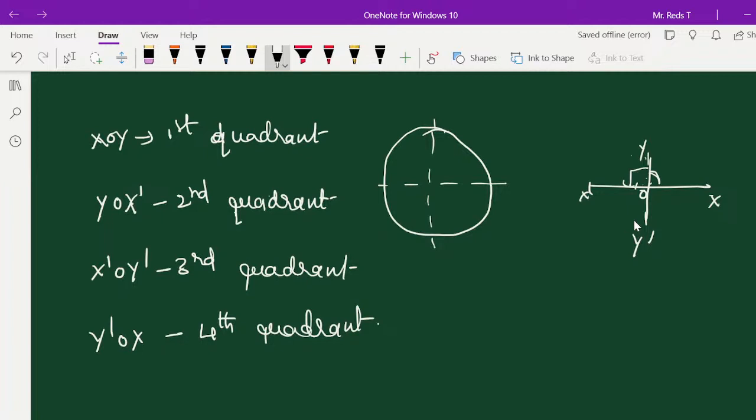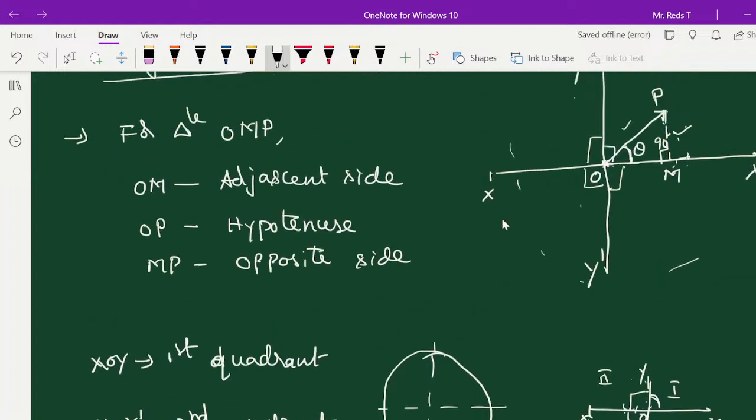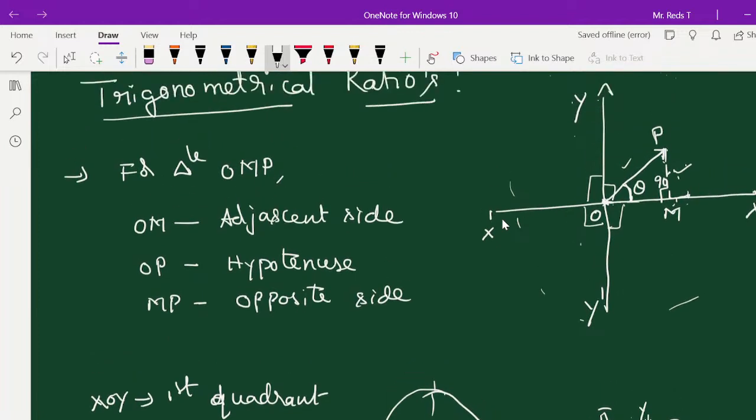This is the first quadrant, this is called the second quadrant, this is called the third quadrant, this is called the fourth quadrant, right? Now in trigonometry, how to relate this? In this diagram, this is the first, second, third, and fourth quadrant.